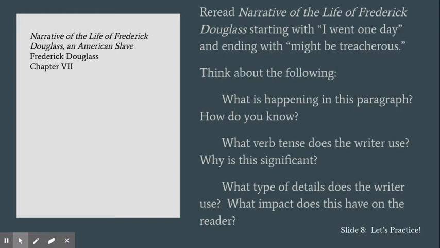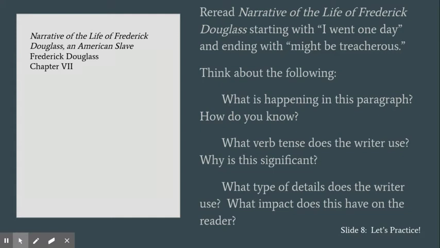We're now going to do something similar with Narrative of the Life of Frederick Douglass. I want you to reread Narrative of the Life of Frederick Douglass, starting with the sentence that begins, "I went one day," and ending with the sentence that ends, "might be treacherous." As you read, think about the following. What is happening in this paragraph? How do you know? What verb tense does the writer use?